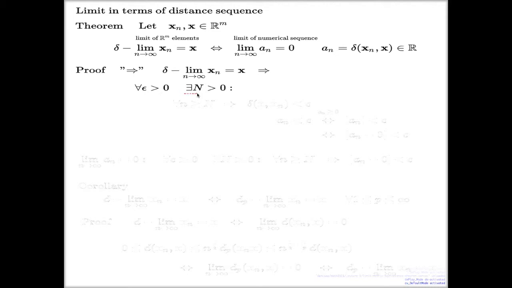Actually, I didn't ask you that. Are you happy with these notations? Everyone is happy with that? If you aren't, this one reads for all. This one reads for all. This one reads exists.